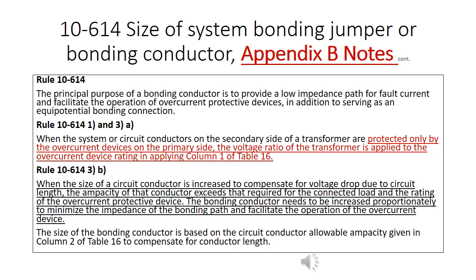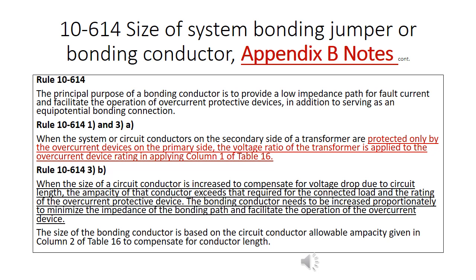10.614, my question is, when you read that statement, when the system or circuit conductors on the secondary side of the transformer are protected only by the overcurrent device on the primary side, the voltage ratio of the transformer is applied to the overcurrent device rating in applying column 1 of Table 16. So my question is, what is the voltage ratio of a 600 to 120/208 volt transformer?